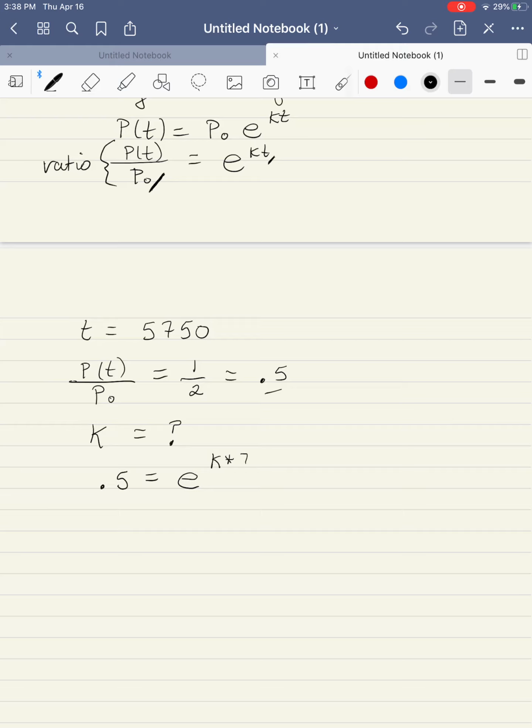All right, so we have 0.5 equals e to the k, because that's what I'm trying to find, times 5750. So as always, when my variable is in the exponent, I take my natural logarithm, and that gives me the 5750 times k, and now I can divide.